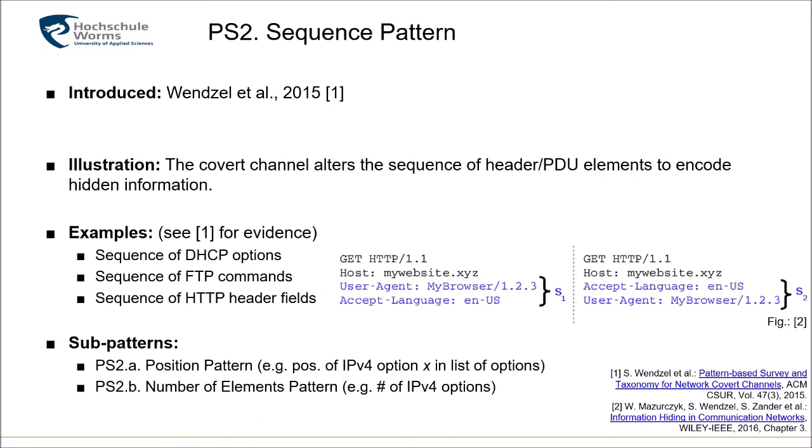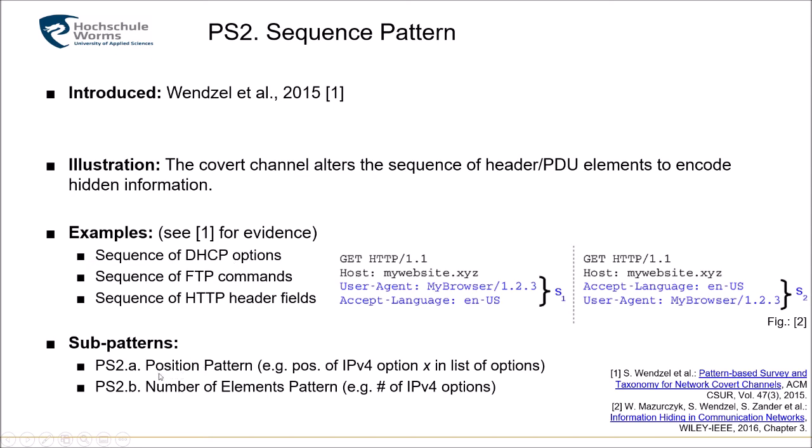Sequence pattern is one where the covert sender alters the sequence of header or PDU elements to encode hidden information. For instance, in this HTTP request here, we can first send user agent and then accept language, or we can first send accept language and then user agent. But this also works for FTP commands or DHCP options in the options part, even for the IP options in the IP header or the IP version 6 extension headers.